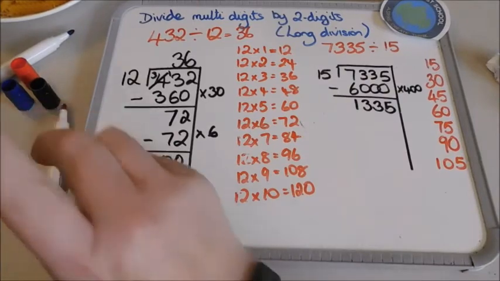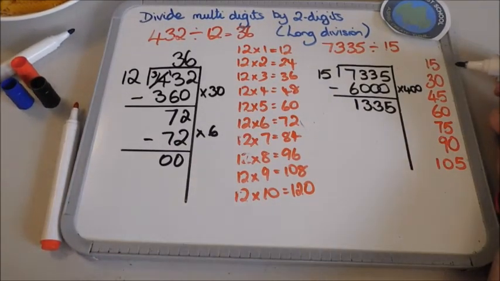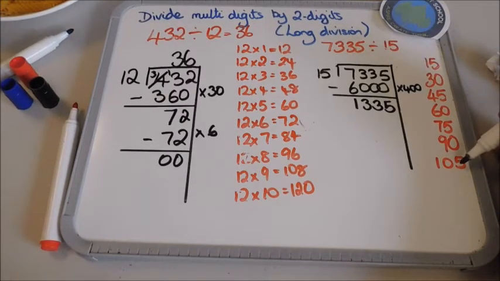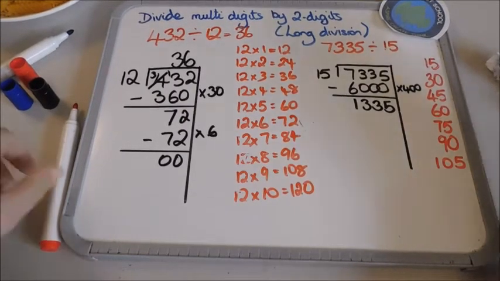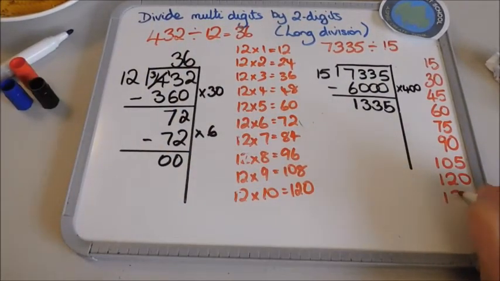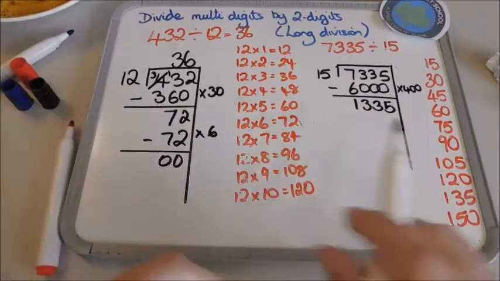I'm not going to go any further. 1, 2, 3, 4, 5, 6. Actually, I'm going to go 120, 135. I'm going to go all the way. There you go.